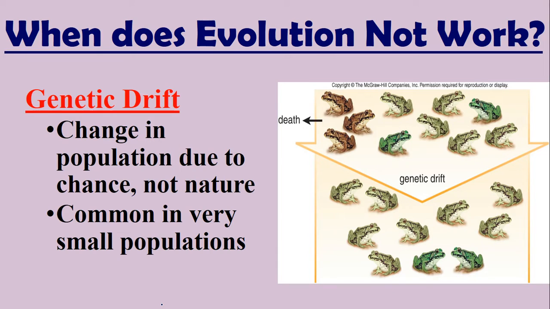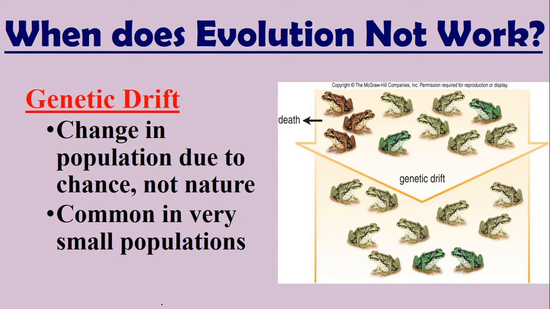So one last thing about evolution. Sometimes it's not evolution that's at work. Something called genetic drift happens. This is when there's a change in the population due to chance, not nature. And this occurs in very small populations. So I'm thinking about, say, there's a whole bunch of bugs on the outside, and you just step down.